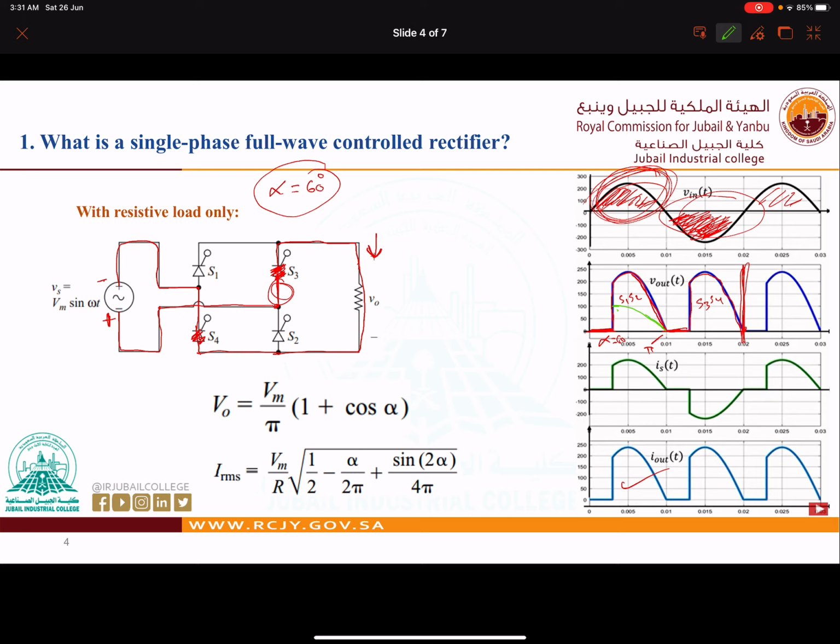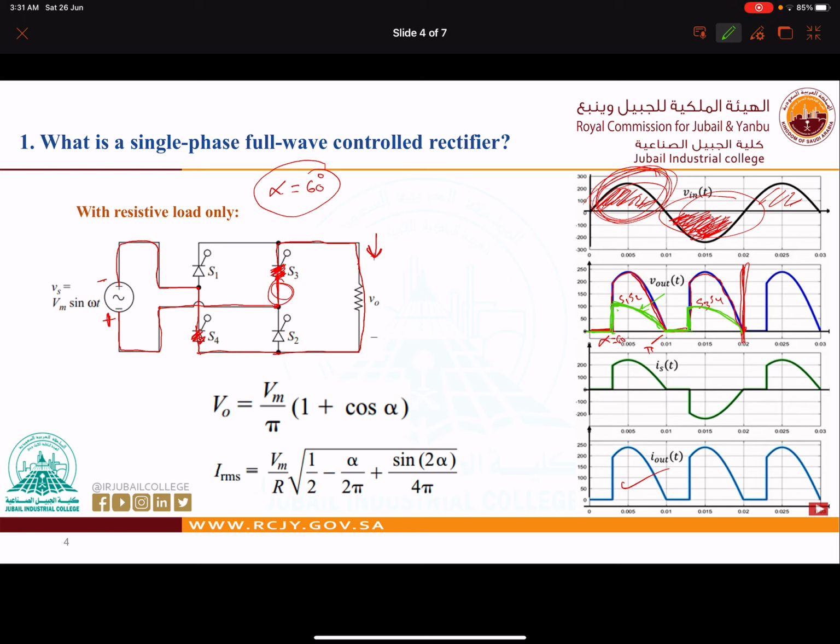Then it will conduct again after 60 degrees, so the second pulse will conduct again up to 0. This is for the current.